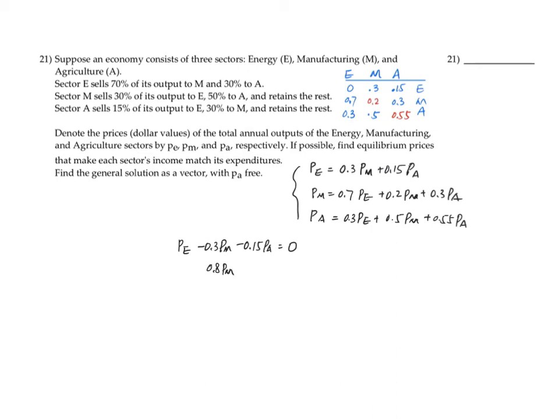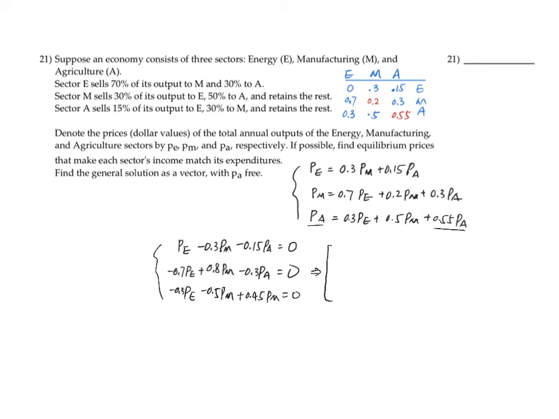And I have negative 0.7 PE, and then negative 0.3 PA equals 0. The third one is negative 0.3 PE minus 0.5 PM. It's 1 minus 0.55, that means plus 0.45 PA equals 0.